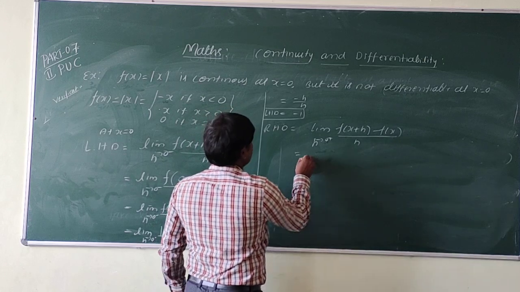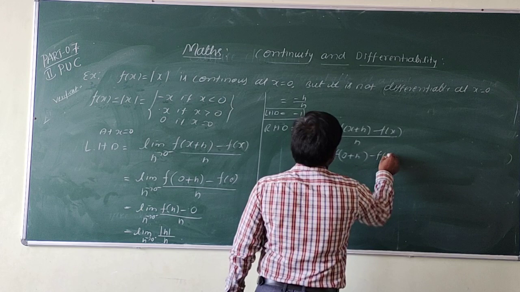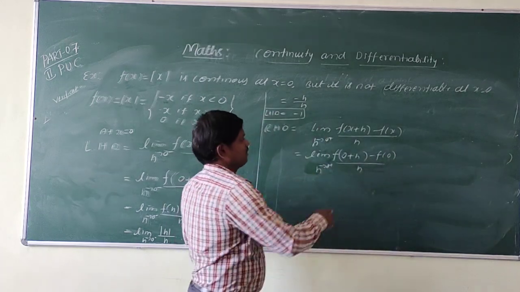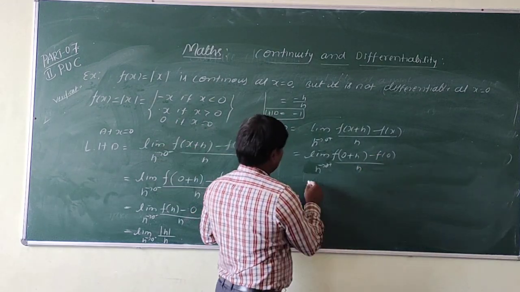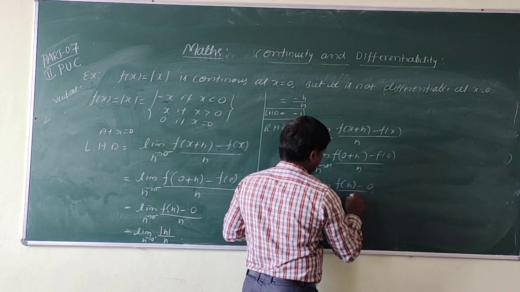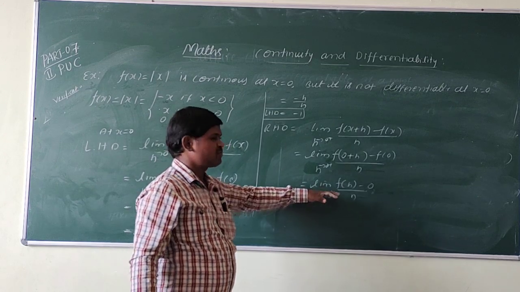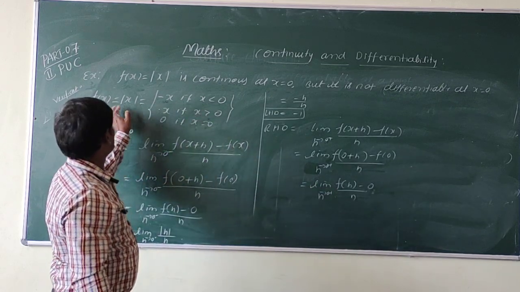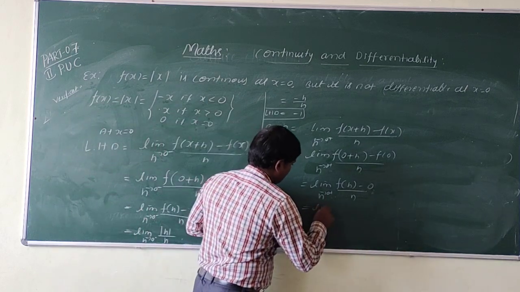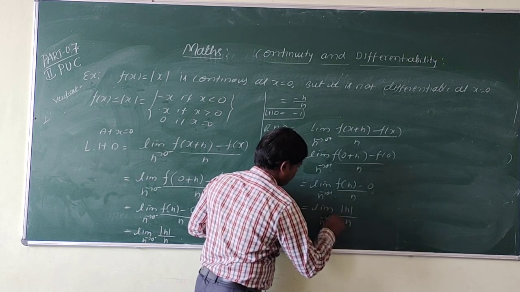So it is the limit of f of (0 plus h) minus f of 0 divided by h, and f of 0 is 0. So this is the limit of f of h minus 0 divided by h as h tends to 0 plus. Here h is positive, so f of h is mod h.